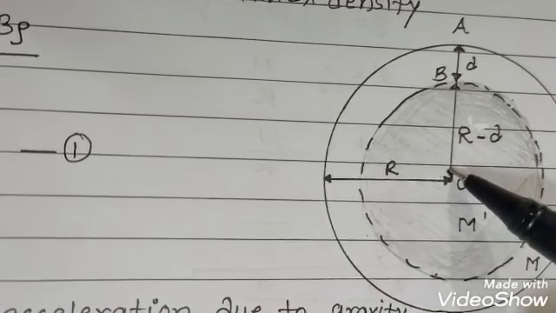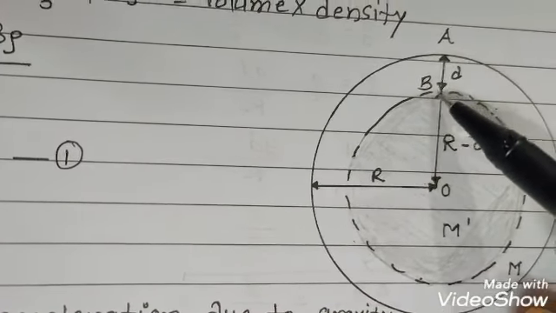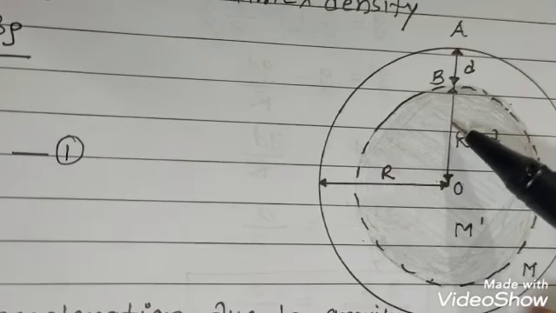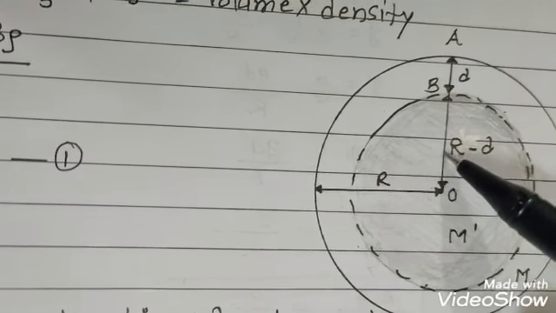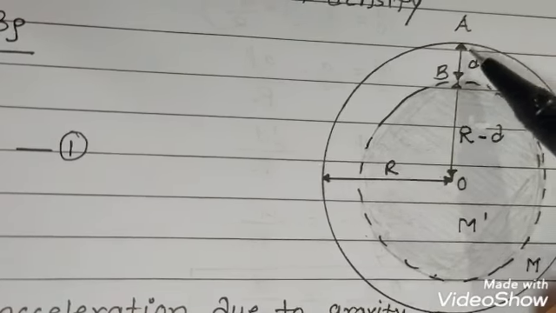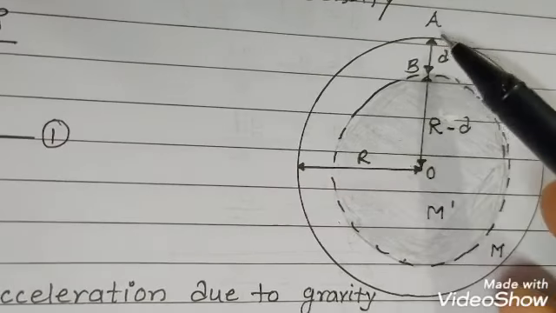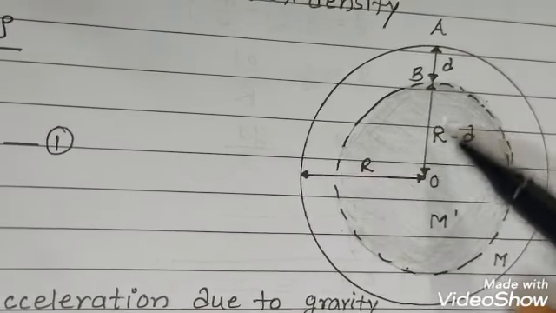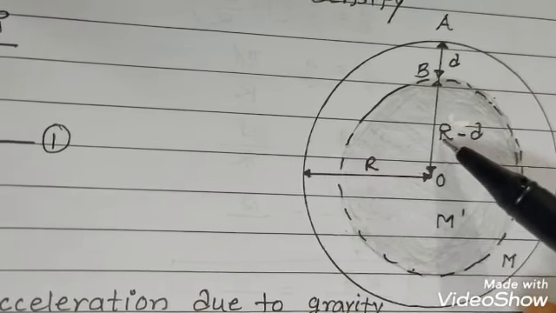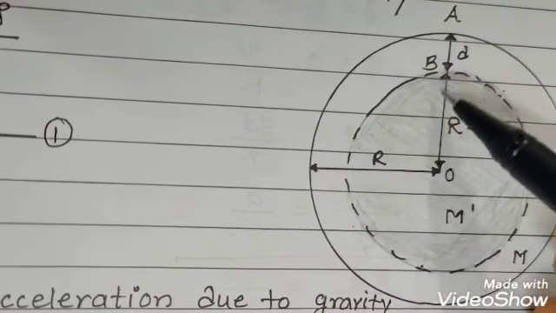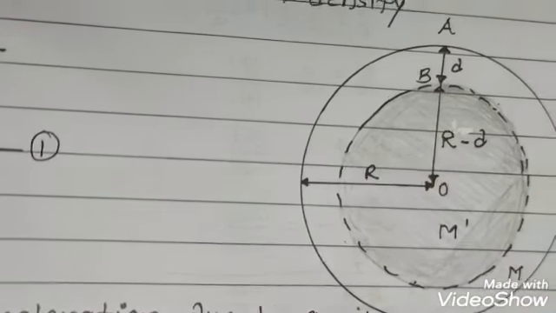As we have already seen, as the depth increases, the acceleration due to gravity will decrease, and this depth can be up to the maximum limit, that is r, the radius of the earth. If d becomes r, the object will now come to the center.